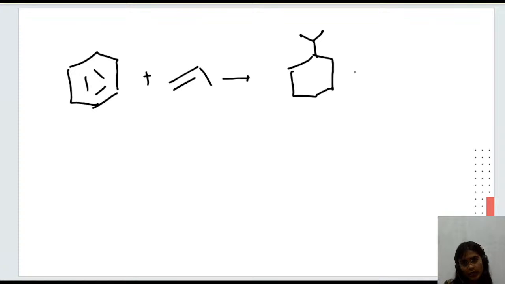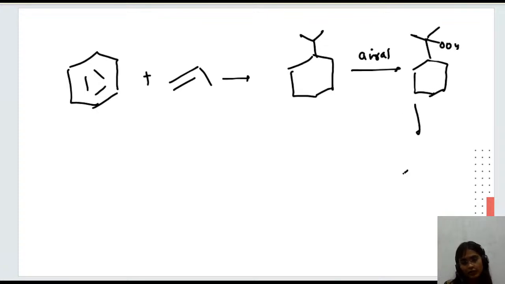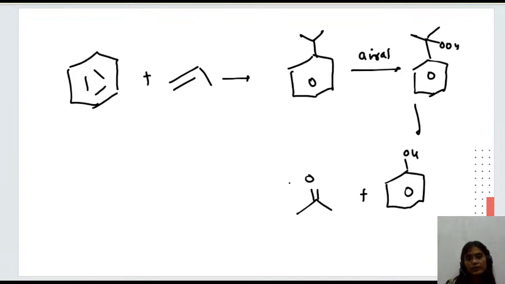This one we are getting, and then we follow the aerial oxidation, and further it is converted into phenol and acetone. So this is the last reaction we discussed, the preparation of phenol from cumene. In the preparation part, every preparation point is done now.